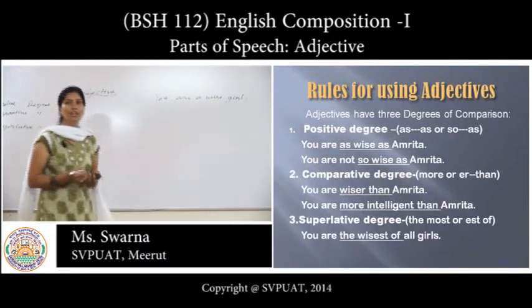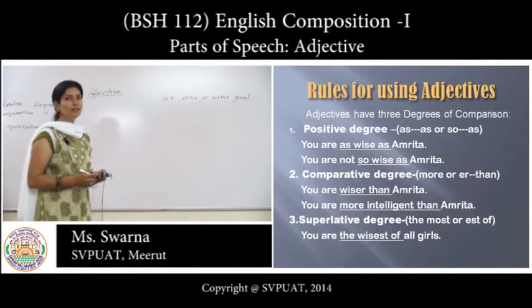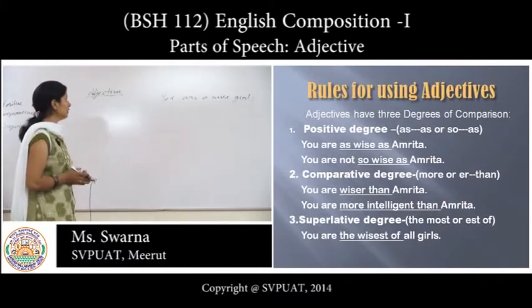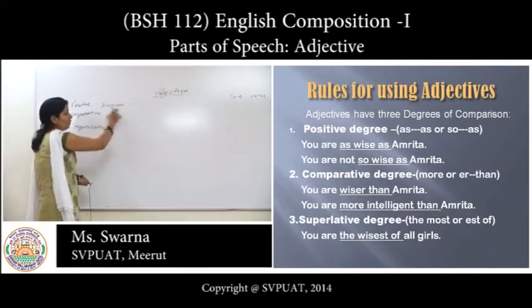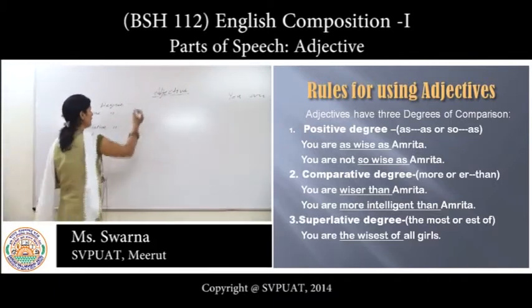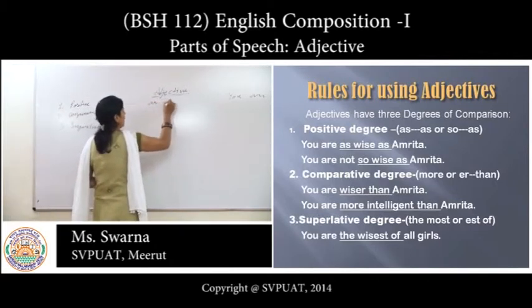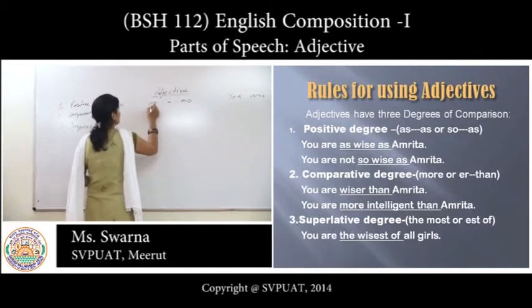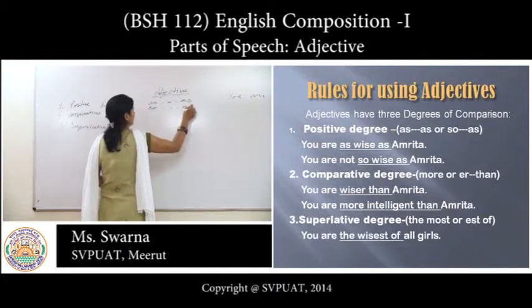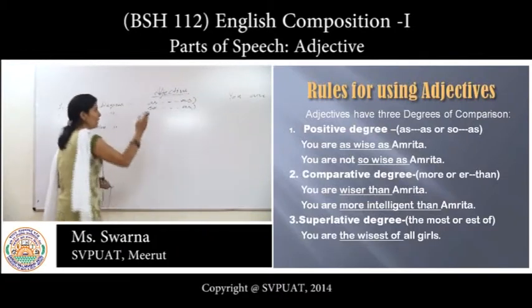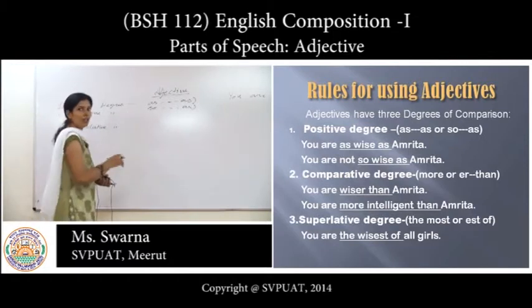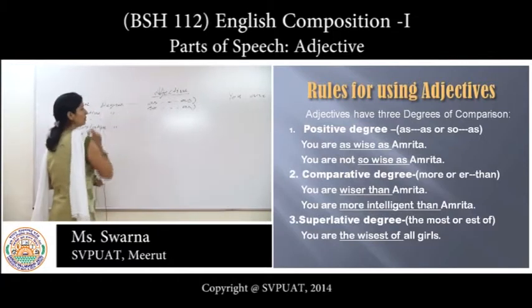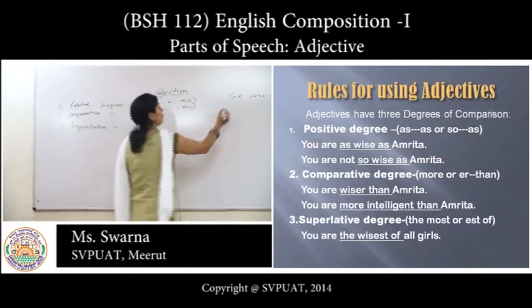If we compare the girl with any other, then we use degrees. Like in the positive degree, we use conjunctions like as, and so, as. And we make the sentence with the help of these conjunctions to complete the sense of the positive degree.